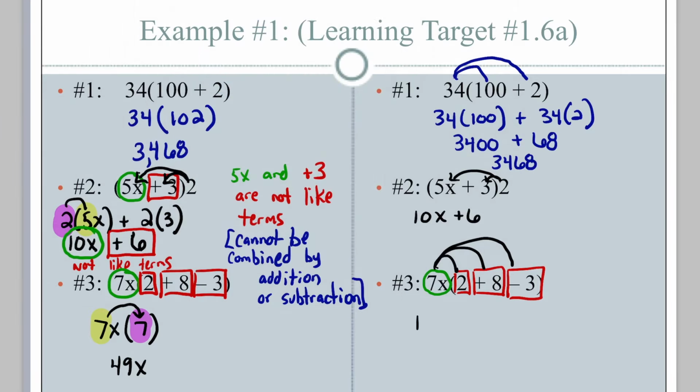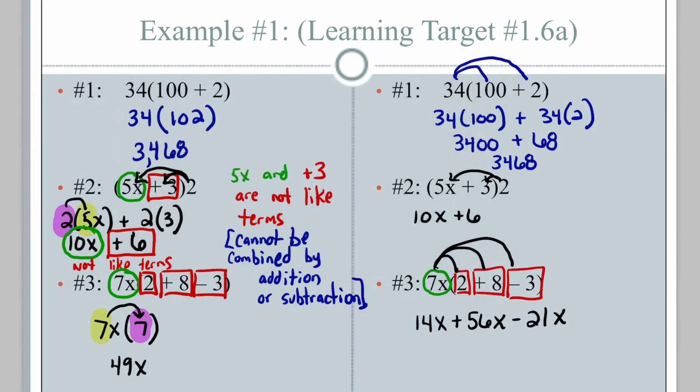And so I end up with 14x plus, and then we have 7 times 8, which is 56. Remember, a positive times a positive is a positive. The x continues to come along for the ride. And now I have a minus 3 times 7, which is a minus 21x.